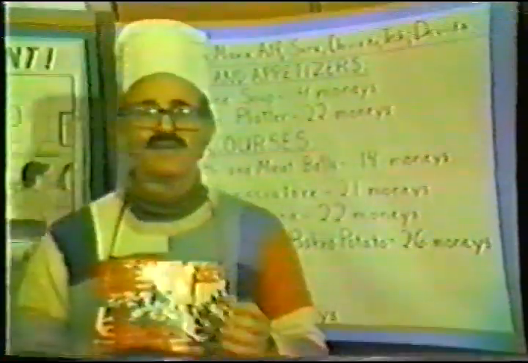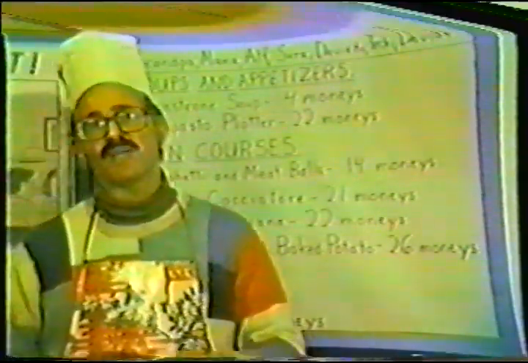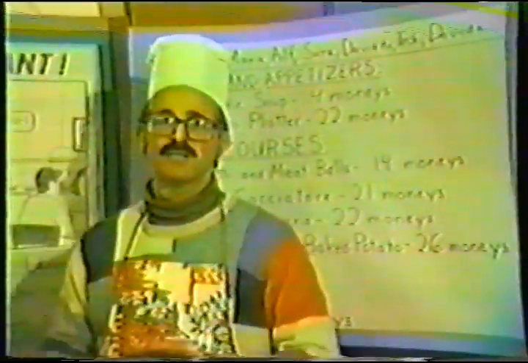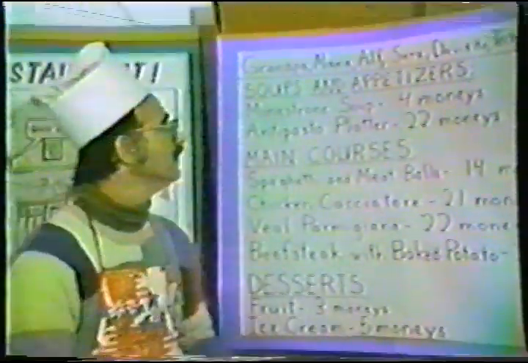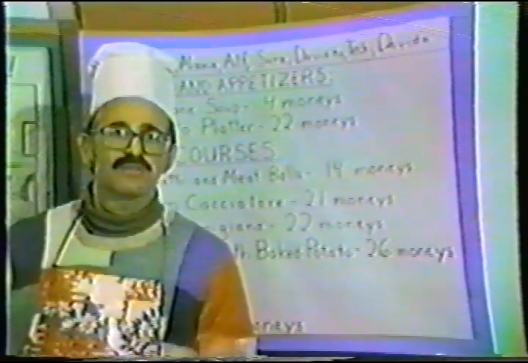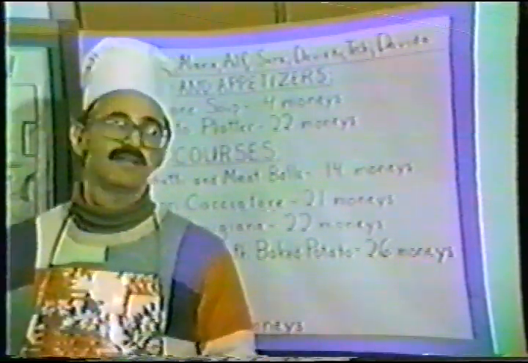Minestrone soup is a very nice, thick vegetable soup with little bits of chicken and beef and nice vegetables. We have carrots and garbanzo beans and chickpeas and all those things. Also for appetizer, we have a nice antipasto platter with wonderful things on it. You will like it very much, believe me.